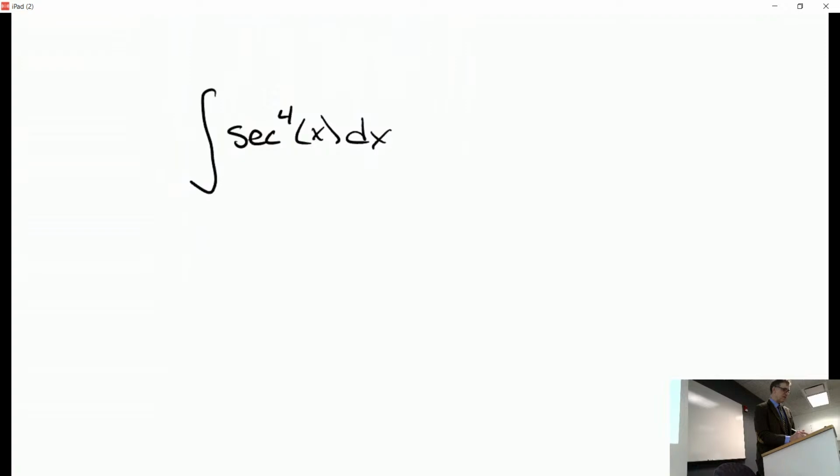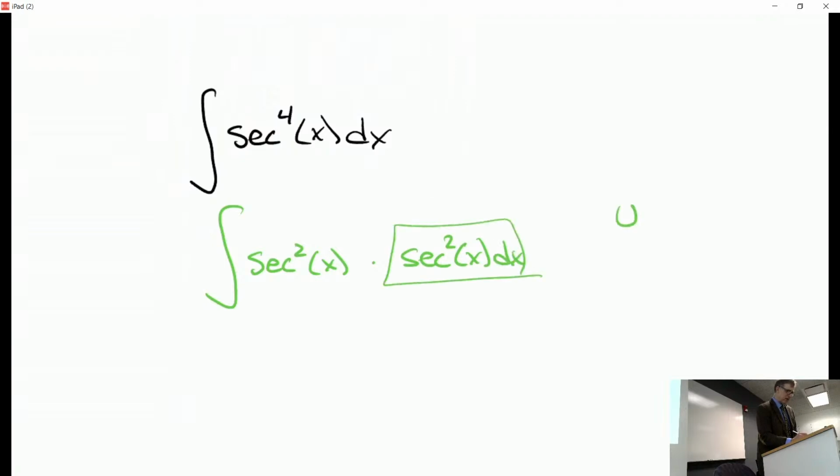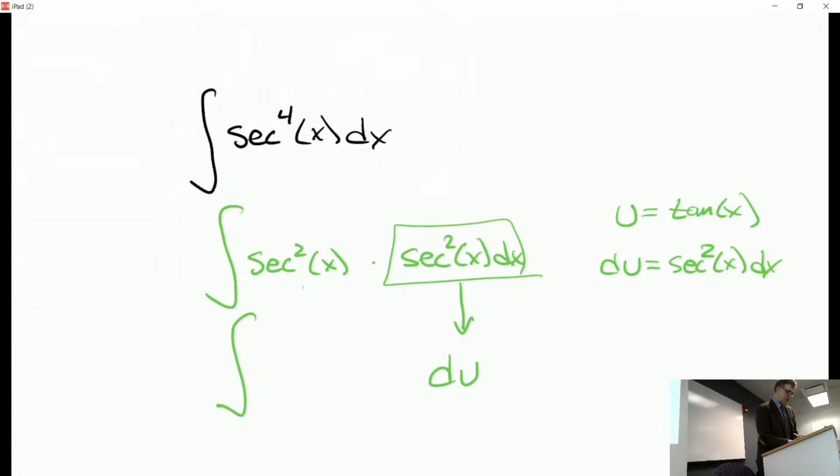This one, things get a little bit funky, but not terrible. Check this out. If I do secant squared times secant squared dx, here I'm going to let u equal tangent. I know you're looking at this saying there is no tangent. There will be soon. du is equal to secant squared dx. So this thing has a home. But what's this thing?